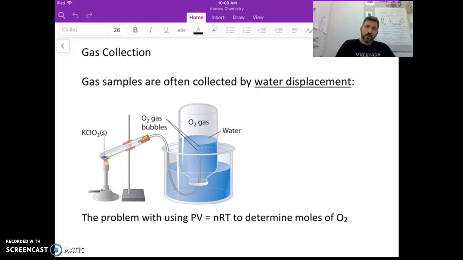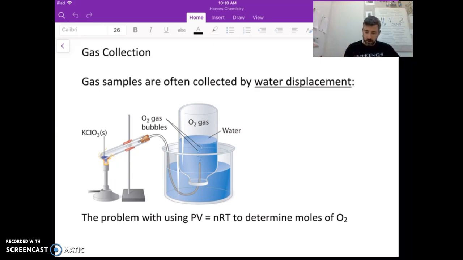So the only thing that really affects in PV equals nRT is our pressure. The temperature obviously doesn't change just because there's some water vapor in there. The volume doesn't change because all gases occupy the same volume.